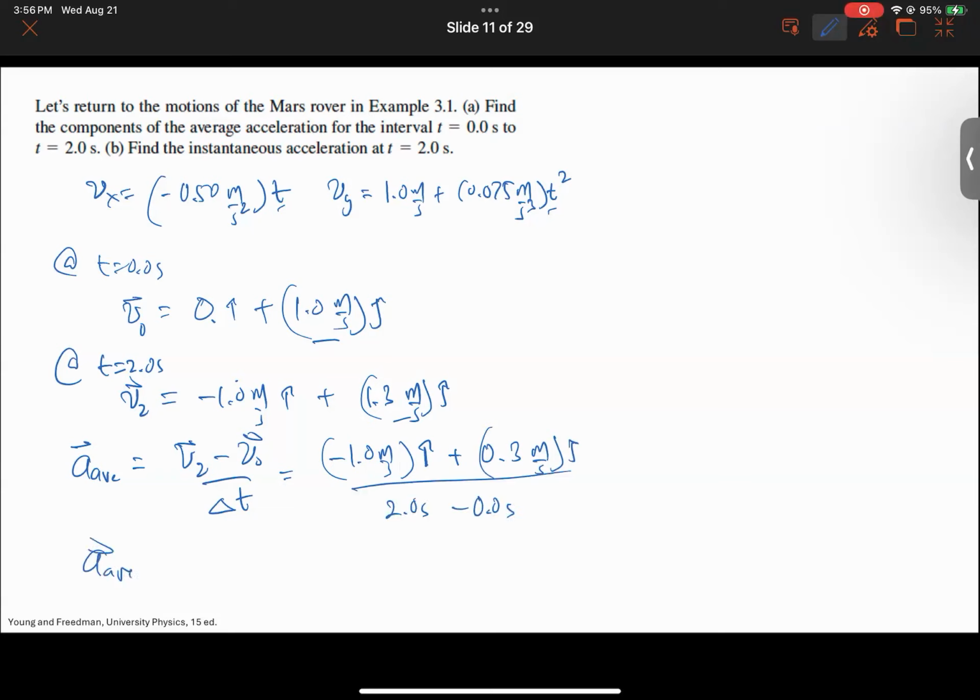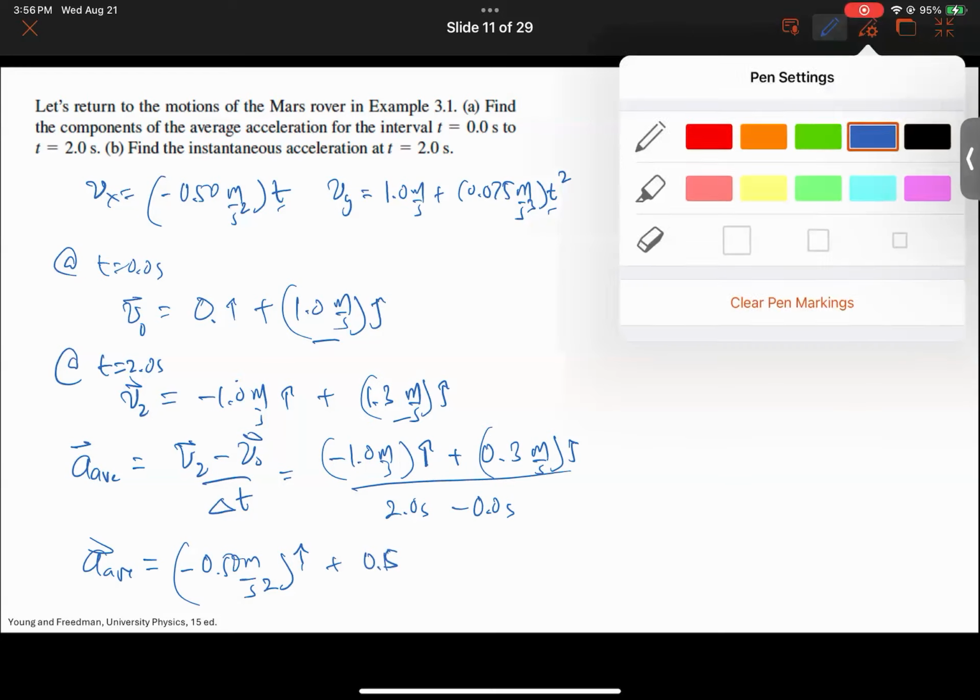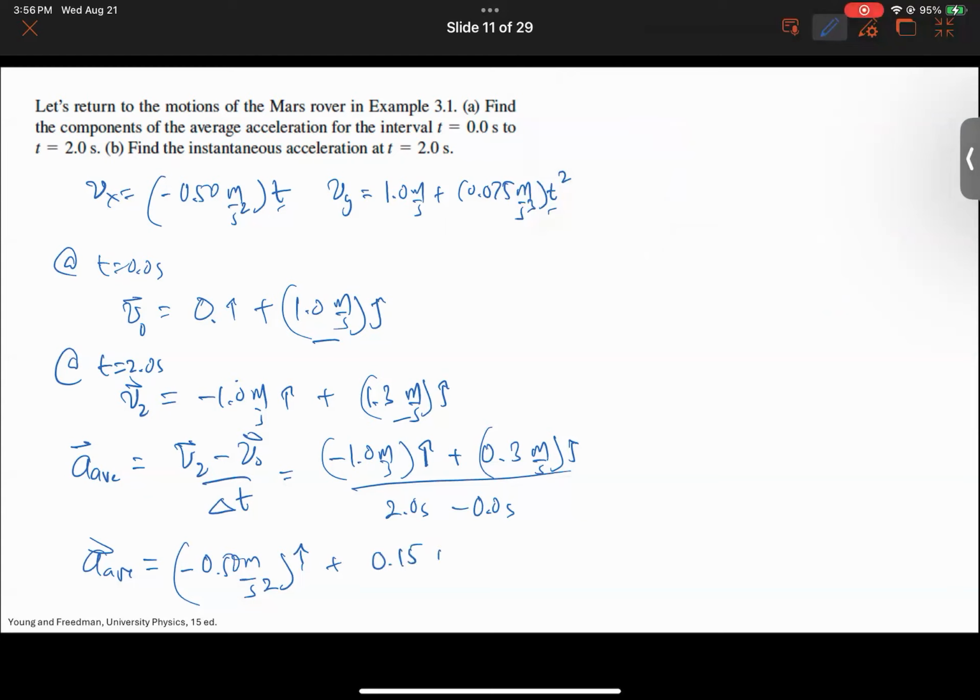So the average acceleration is negative 0.50 meters per second squared i hat plus 0.15 meters per second squared j hat. So along the x-axis, it is negative 0.50 meters per second squared, and along the y-axis, it is 0.15.